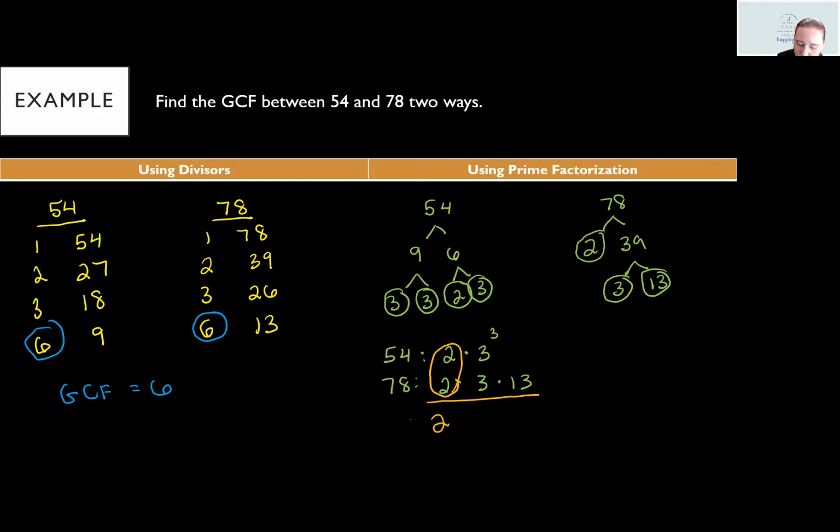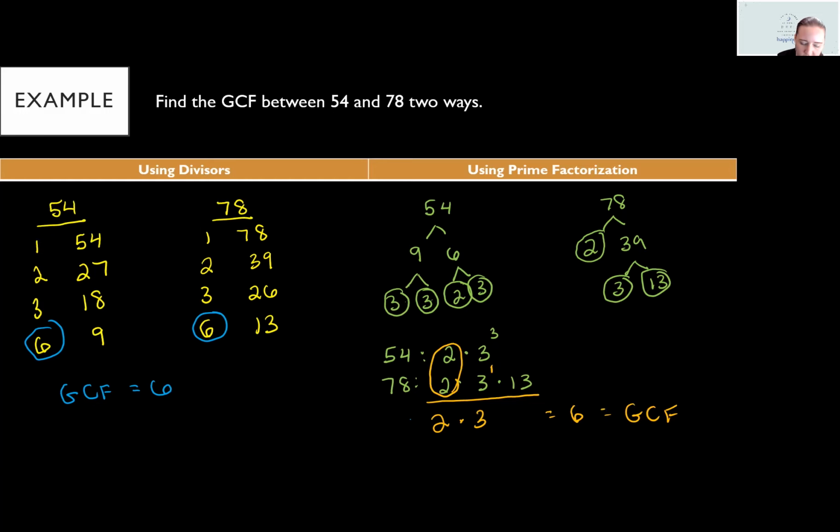And they both have threes, but one of them has 3 of them. The other one has only 1 of them. So this is where I was saying you take the smallest exponent, because the only thing they have in common is 1 of them. And so then we get 2 times 3, and then that gives us 6 as our greatest common factor.